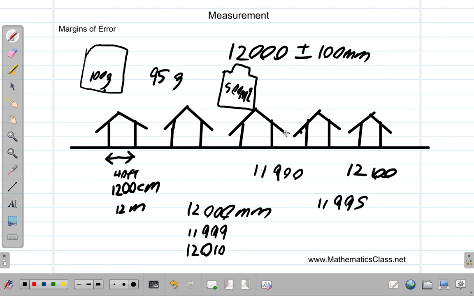That's not realistic. So you're going to have some variation in measurement. And the amount that you tolerate, whether higher or lower, is called the margin of error.